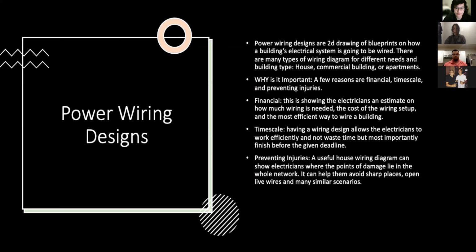It gives you a time scale of how much time it would take to wire the whole building. Then it will also prevent injuries because the diagram will tell you specific places that certain wires need to be. Or else it needs to be also applied to certain codes.